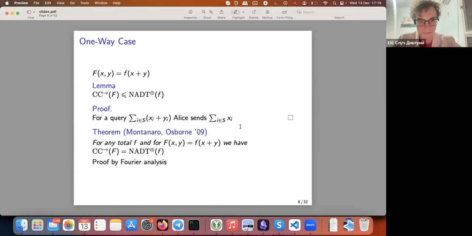If the tree queries the parity over subset S, Alice calculates the parity over her part of the input at those positions and sends it to Bob. Bob calculates the parity over the same subset of his positions, XORs it with Alice's parity, and gets the result.